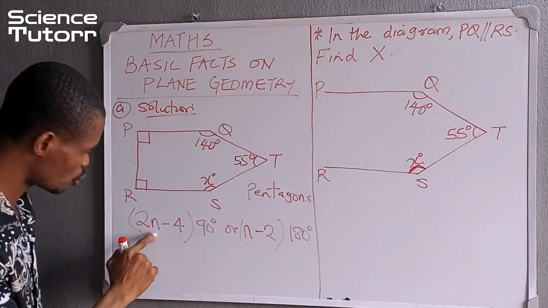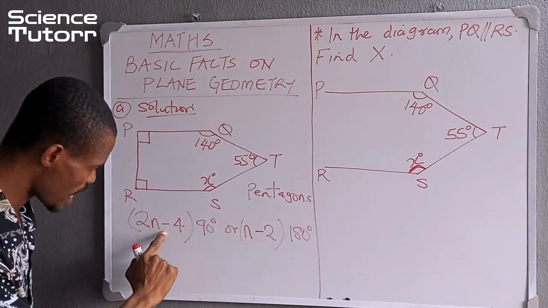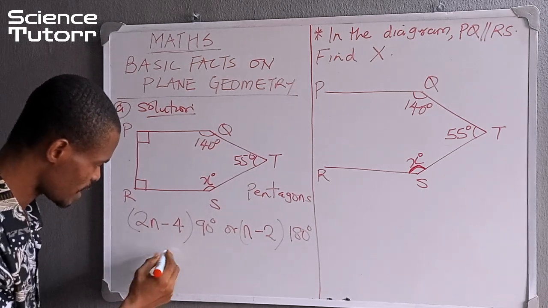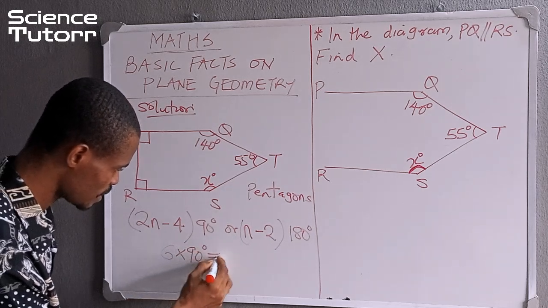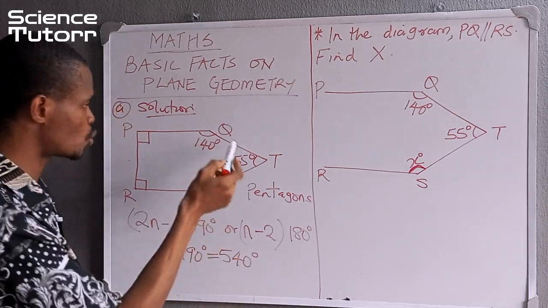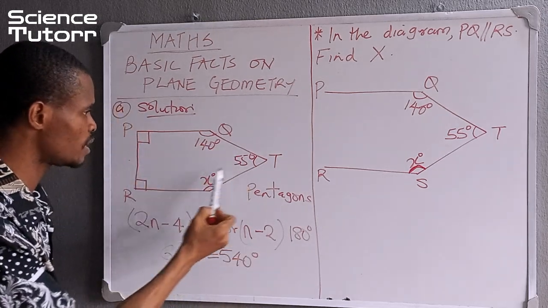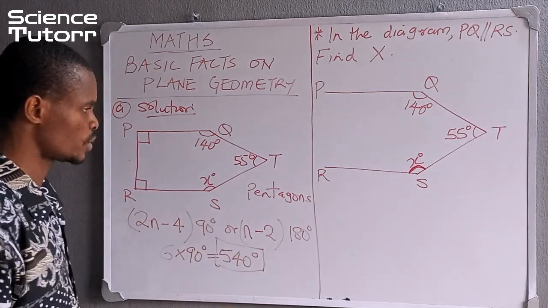So we substitute n with 5. We have 2 times 5, 10. 10 minus 4 is 6. And then we have 6 times 90 degrees. That makes 540 degrees. So the sum of all the angles in this shape is supposed to give us 540.